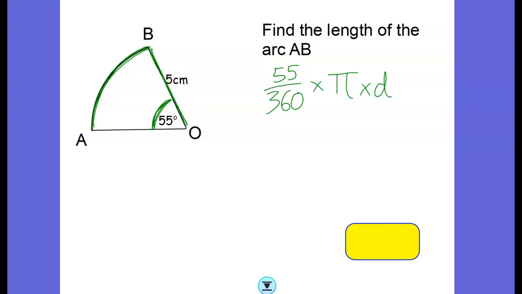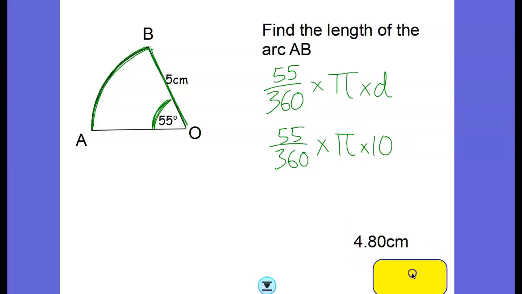If you imagine the whole circle, the diameter is 10. So I'm doing 55 360ths multiplied by pi times 10. When I type that in my calculator, I end up with 4.80 centimetres. So the length of that arc is 4.80 centimetres.